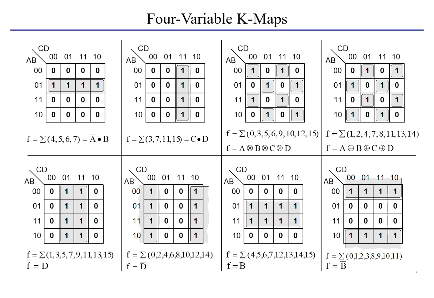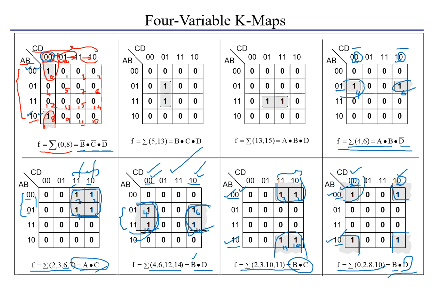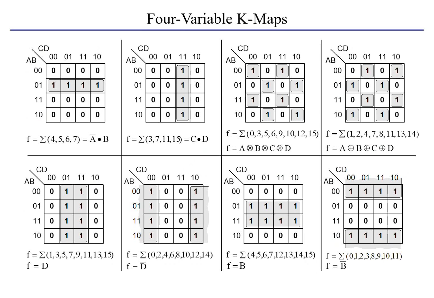If we come back to the next case, so far we have combined 2 ones and then 4 ones. Next it is possible to combine 4 ones either vertically or horizontally. Here F is equal to summation of 4, 5, 6, 7.